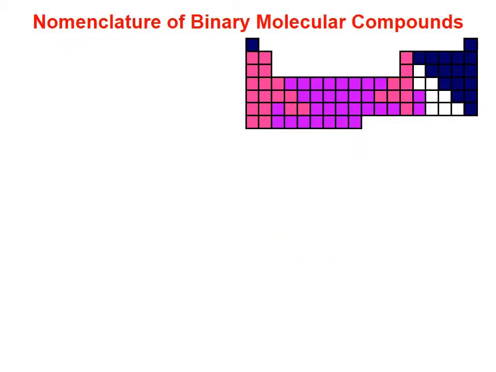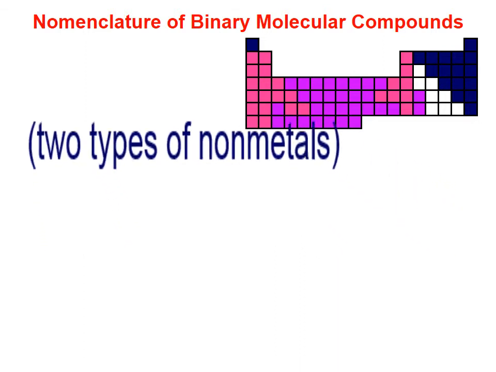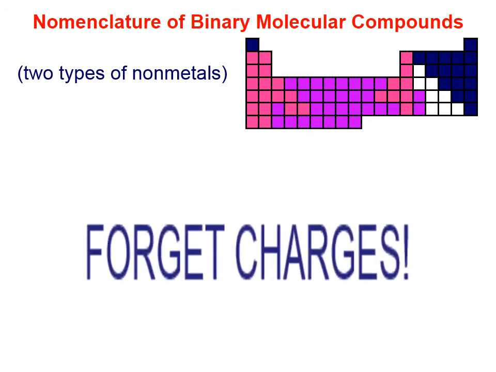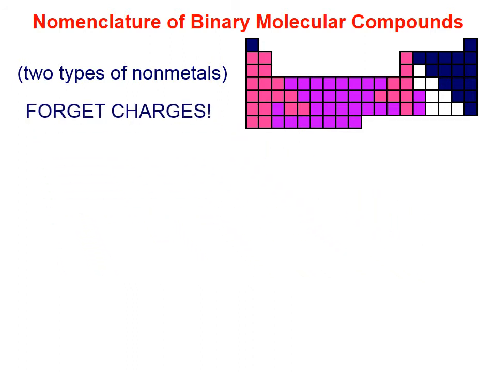Let's get to the meat of this lesson, and that is nomenclature of binary molecular compounds. Binary refers to 2, and molecular refers to nonmetals. So when we are naming binary molecular compounds, we are naming compounds that contain 2 different types of nonmetals.